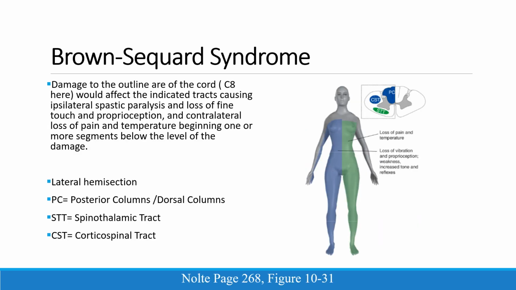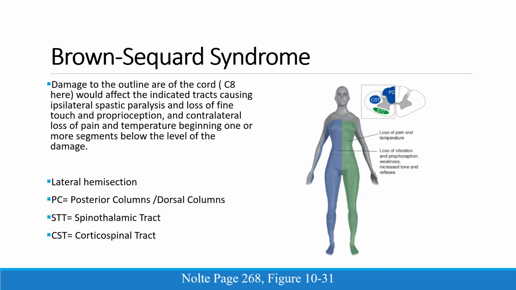Damage to this area would affect these tracts, causing same side spastic paralysis and loss of fine touch and proprioception. So spastic paralysis: which of those three tracts would cause spastic paralysis? Which is the only descending tract?